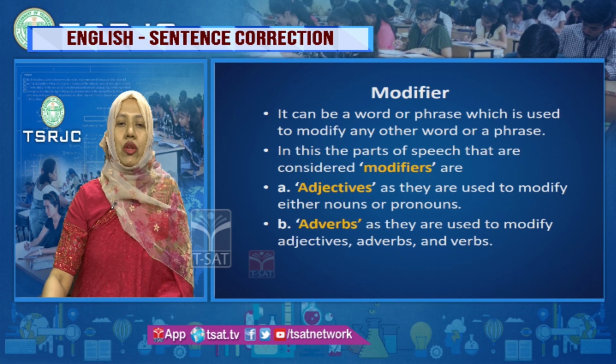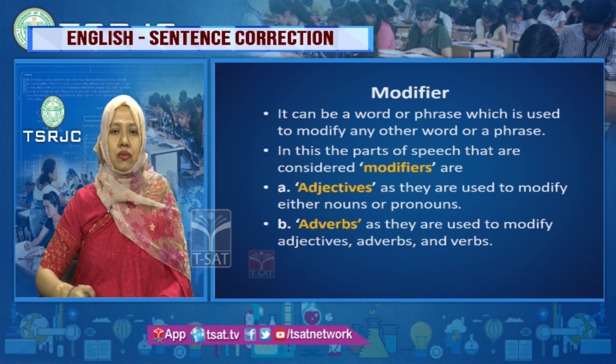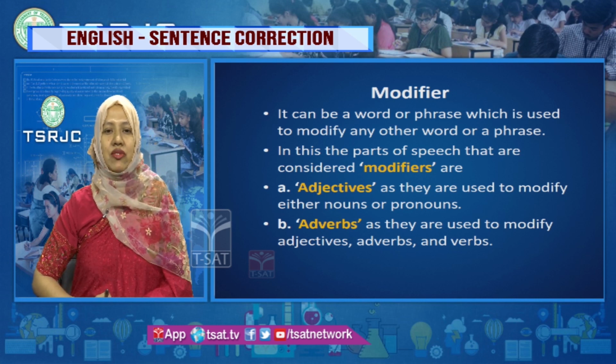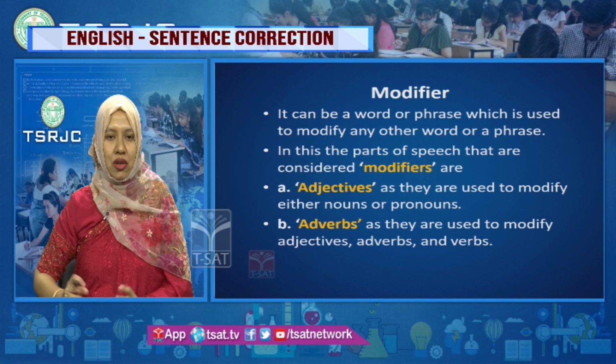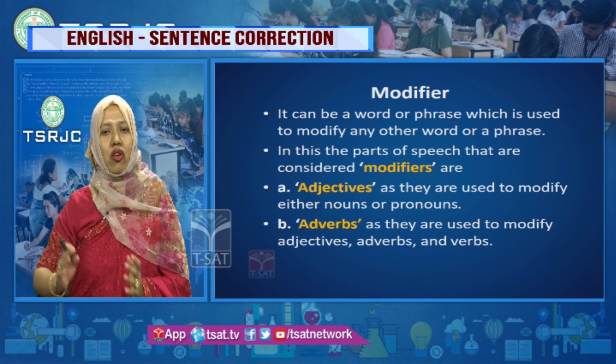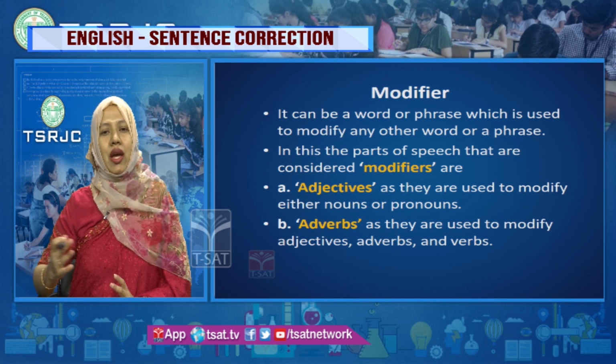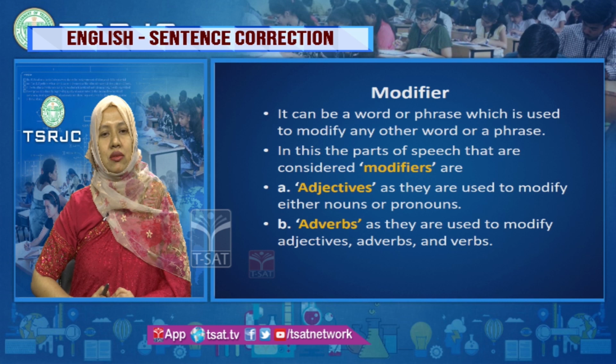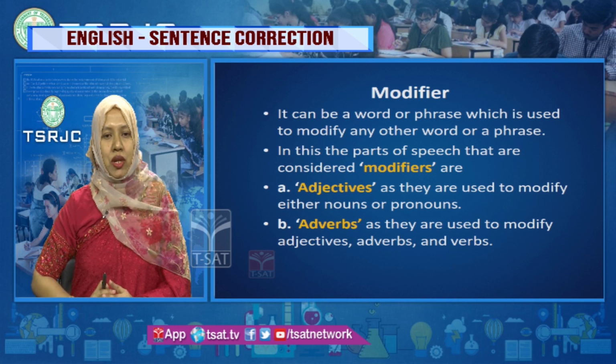Now, when you talk about modifiers, it can be a word or phrase which is used to modify any other word or phrase. The definition of modifiers is a word or phrase which is used to modify any other word or phrase. Now, in parts of speech, you have modifiers.